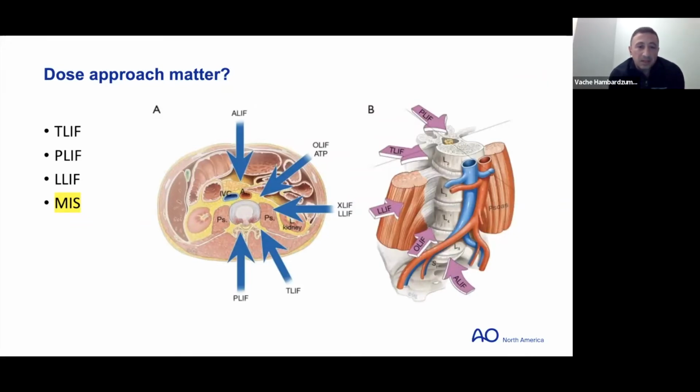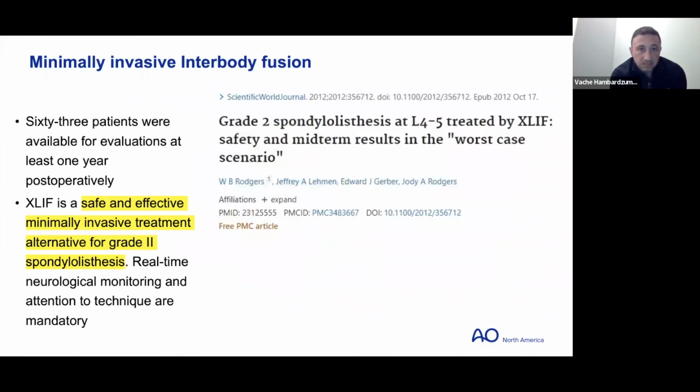So to Dr. Ludwig's point, there are many approaches: TLIF, PLIF, lateral, with MIS techniques getting more and more popular. Next. So I just brought this study showing that minimally invasive lateral interbody fusion is a safe and effective procedure for grade 2 spondylolisthesis.